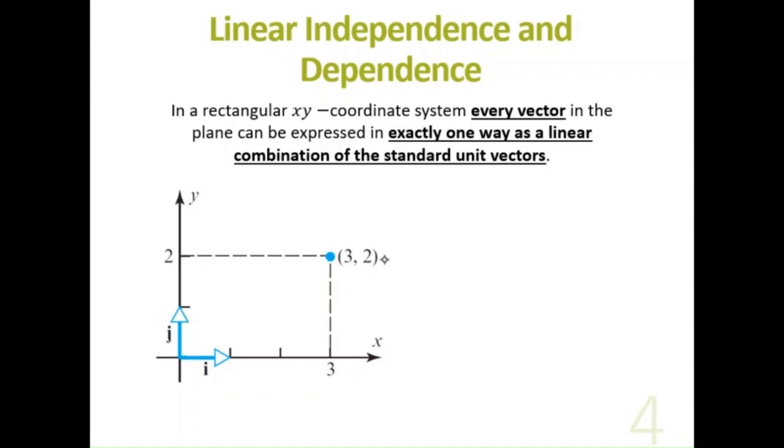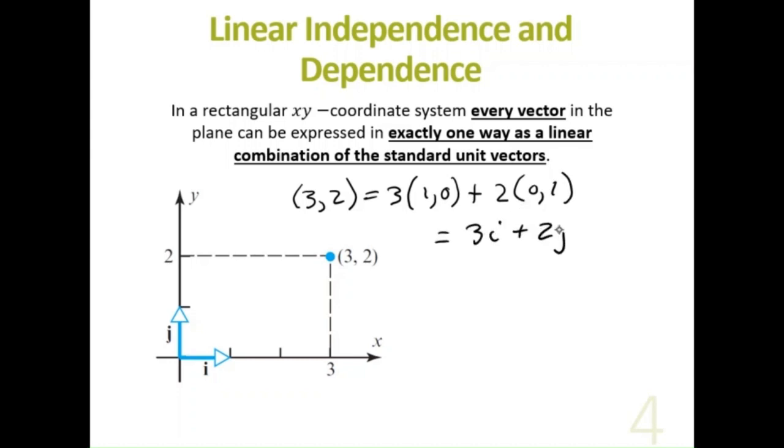And so if we have this particular vector here represented by this point, we know that this point can be expressed as 3 times the standard unit vector along the x-axis, as well as 2 times the standard unit vector along the y-axis, or j here. And then we would further simplify this and say this equals 3i plus 2j.